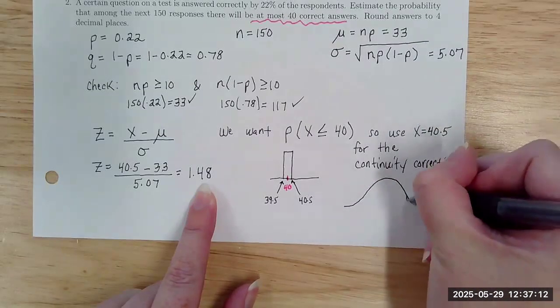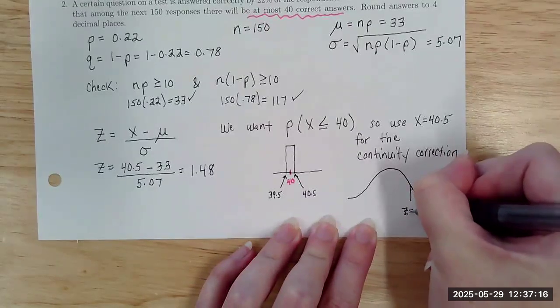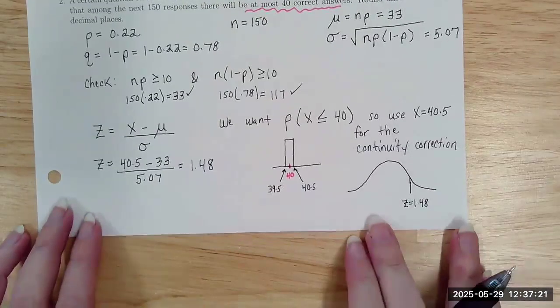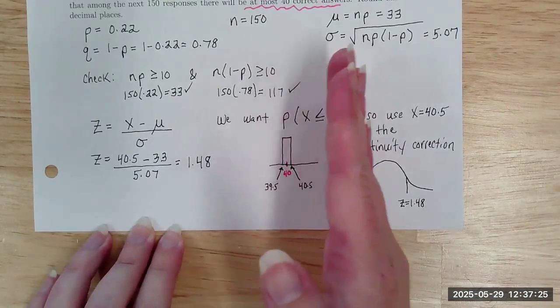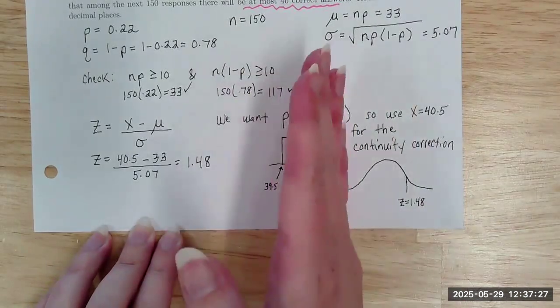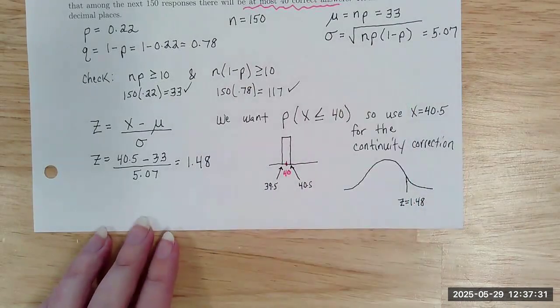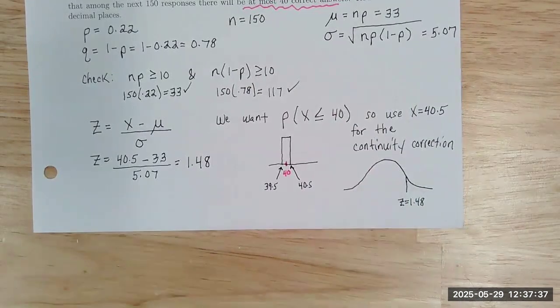So 1.48 would be over here. The table is always going to give you this side. So it always starts from the left and goes up to that number. So we've got to figure out, is that the number that I want, or is it going to give me the opposite of what I want? Do I want the left tail or the right tail?